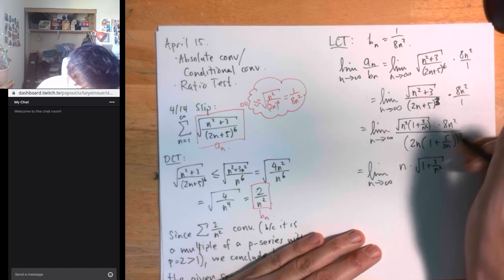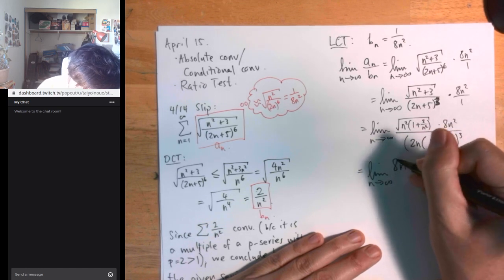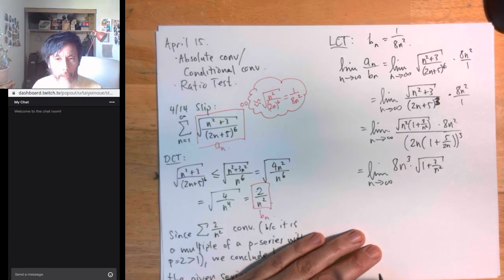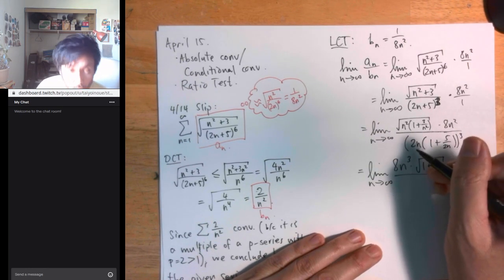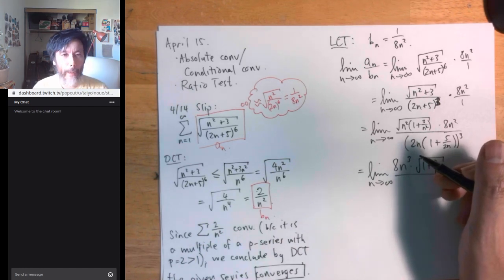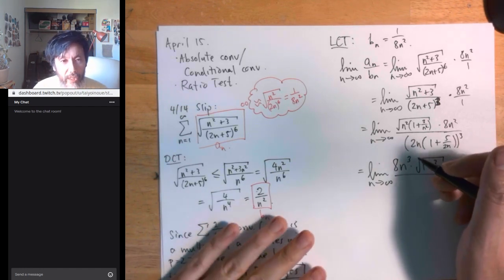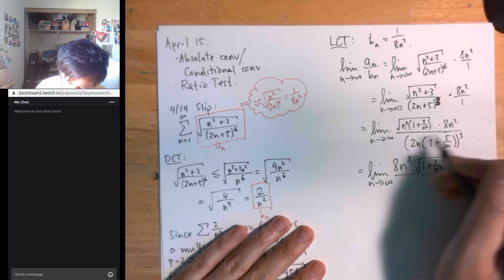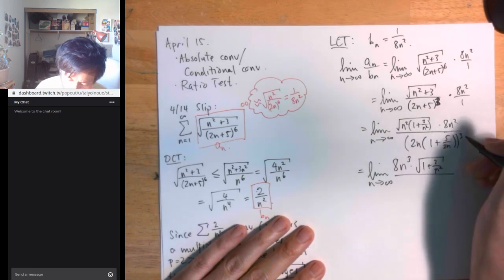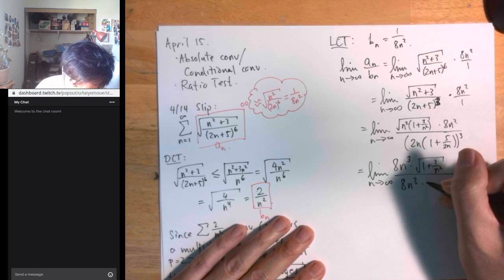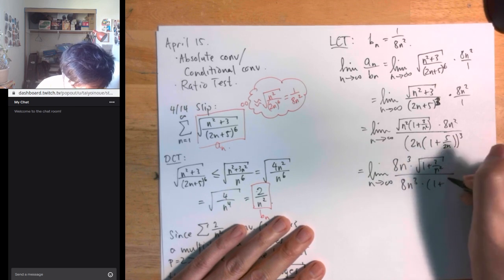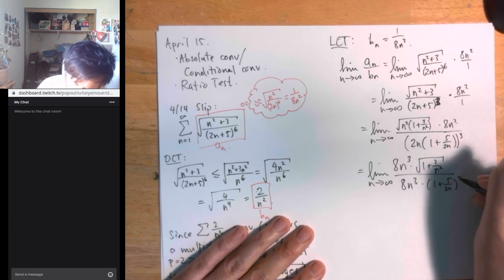And this 8n squared, I can multiply it by this n to get 8n cubed. Okay? And then downstairs, like I said, exponents distribute over multiplication. And so this denominator is equal to 2 cubed, which by the way is 8, times n cubed, times 1 plus 5 over 2n, this whole thing cubed.